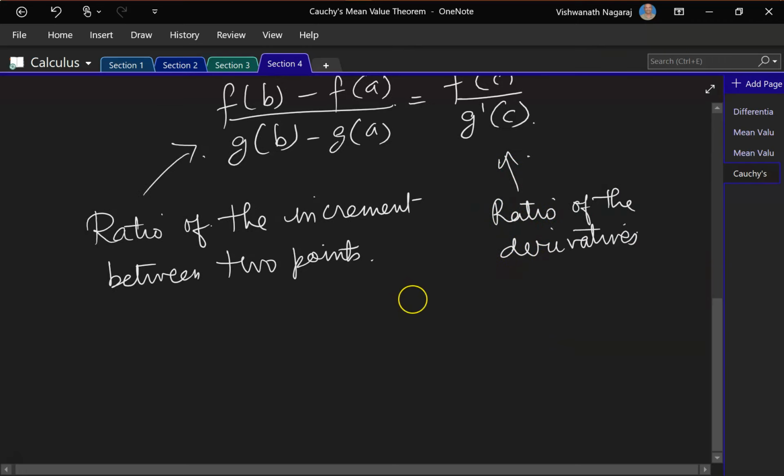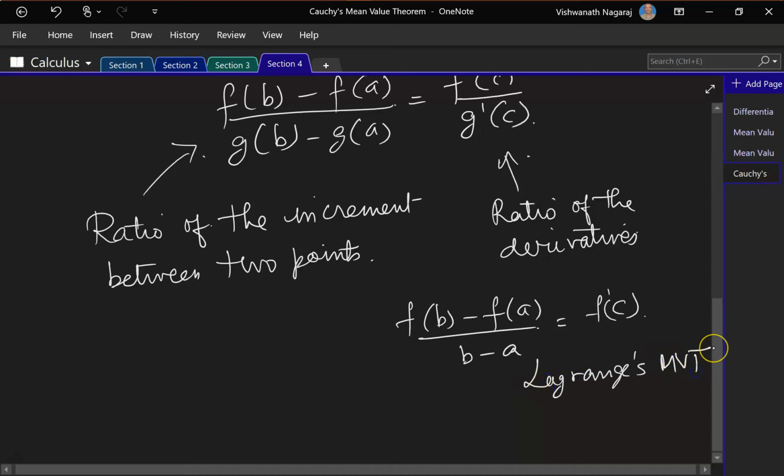And also remember that f of b minus f of a by b minus a is equal to f prime of c. This is nothing but Lagrange mean value theorem, right? So in a way, here these were the points b and a, the end points.